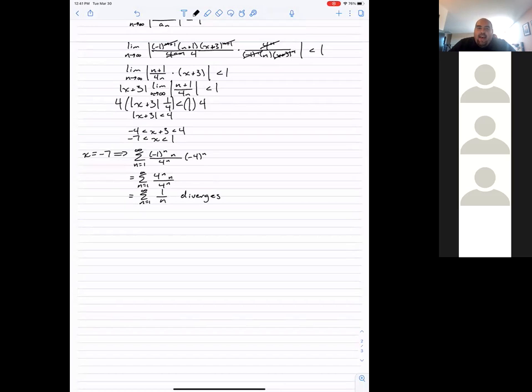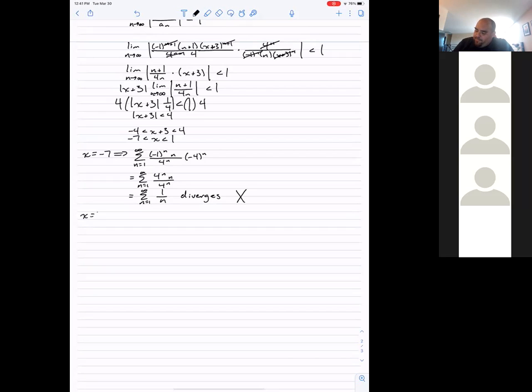I mean, you could do direct comparison, but there's something a little more direct you could do. P-series. This is a P-series. A P-series is by definition 1 over n raised to a power. And this is that boundary case. I know that with P equals 1, your series diverges. So that's good. We're good for x equals -7.